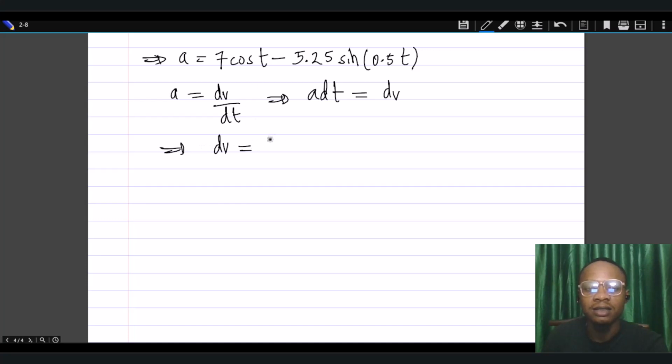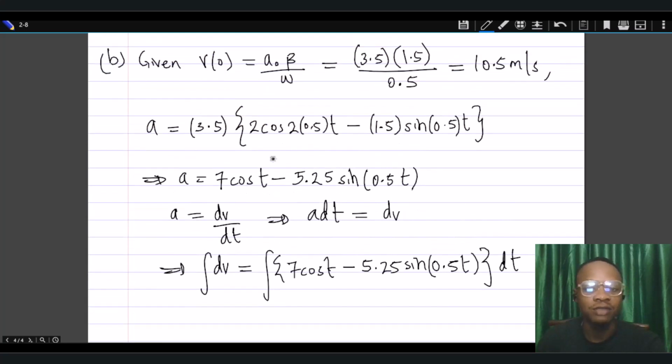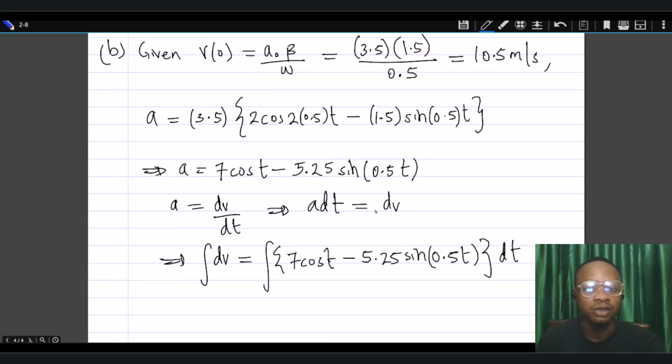Our A is 7 cos t minus 5.25 sine 0.5 t, then multiplying dt, and then we can integrate both sides so that we have velocity as a function of time that applies to this situation.